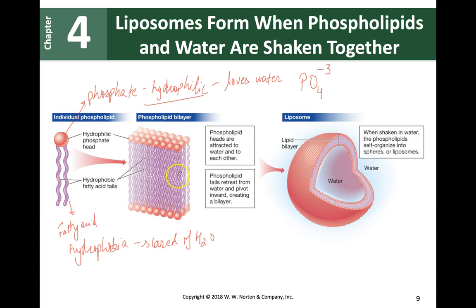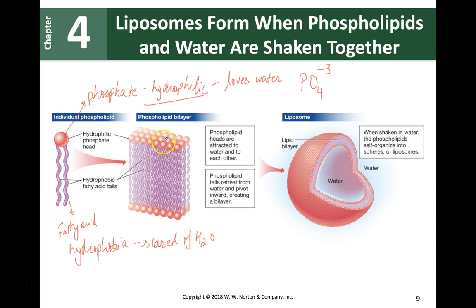So tails are oriented towards other tails. Why? Because this is hydrophobic, this is hydrophobic. They don't want any water in here because they don't like water. Hydrophobic means they're non-polar, meaning no polarity. And remember from our previous chapter that water is a polar molecule.